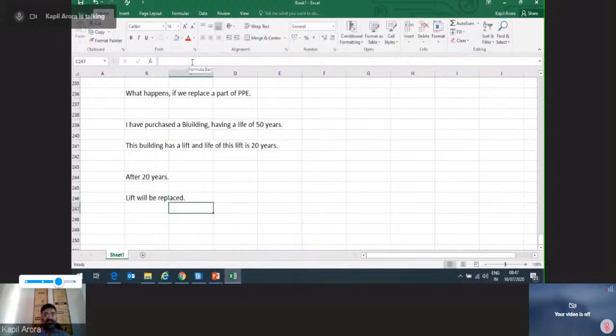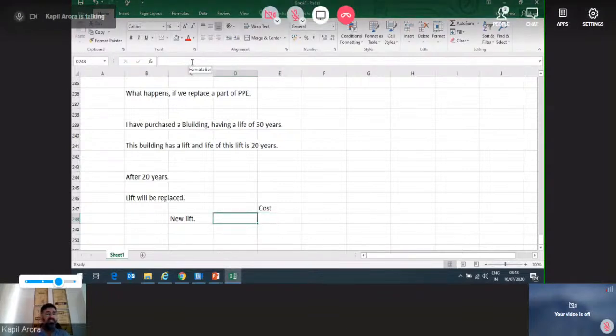I will add a new lift. Let's assume we are in the year which is after 20 years, in which we have to purchase the new lift.